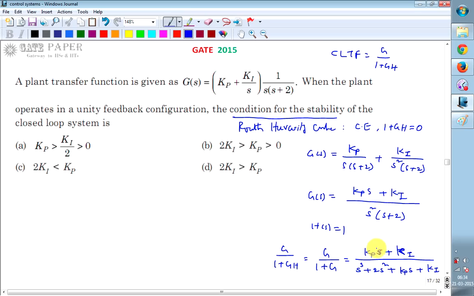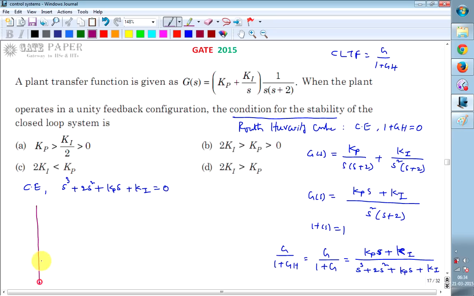This is the closed loop transfer function. From this we can write the characteristic equation, which is simply equating the denominator to 0. So the characteristic equation is s cube + 2s square + Kp s + Ki = 0. Now use the Routh-Hurwitz criteria for this.